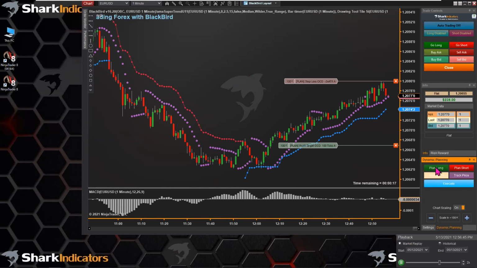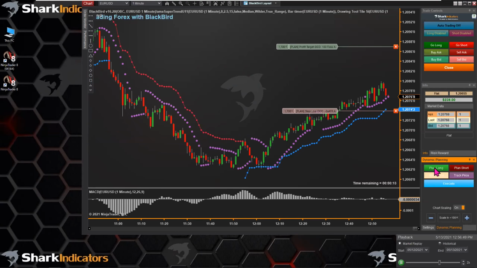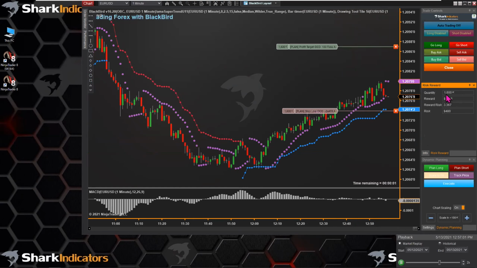And so if I plan long with the scale to fit, let me show you the risk reward panel here. This is a little easier to read, and you can see the number of lots has been increased to, what is it, 2 million now? Yeah, to 2 million, or was that 20 standard lots?